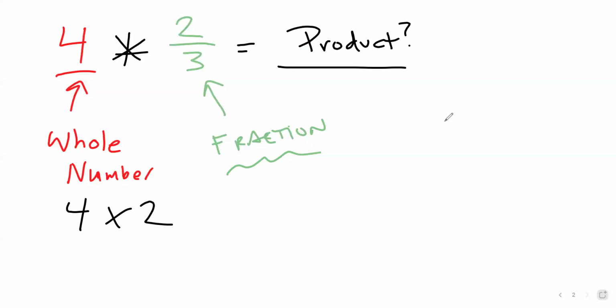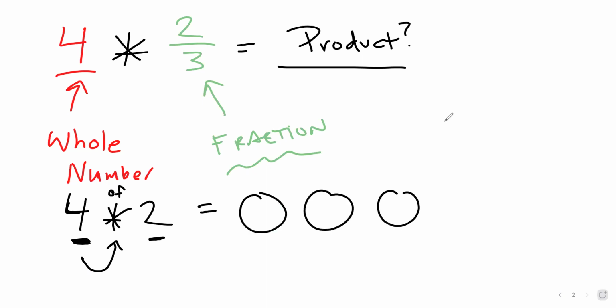In the beginning days of your multiplication skills, you first started learning that this is 4 groups of 2, meaning if I had 1, 2, 3, 4 groups, and there were 2 in each group, then we would end up with 4 times 2 being 1, 2, 3, 4, 5, 6, 7, 8. And that's how we first started doing our multiplication. And then we graduated to that.